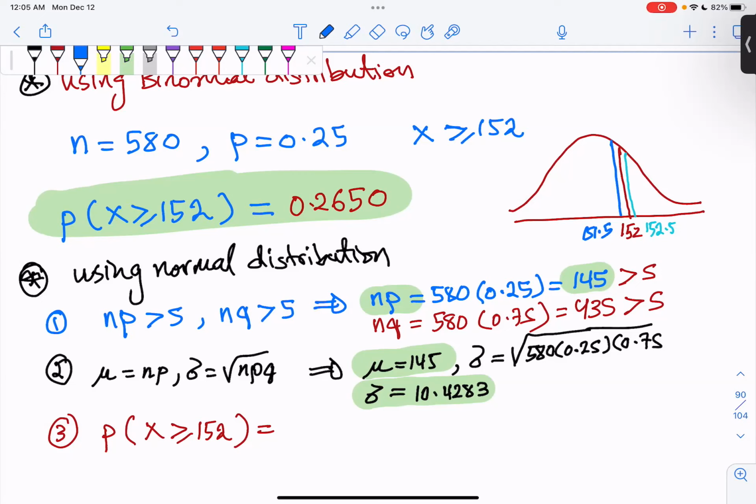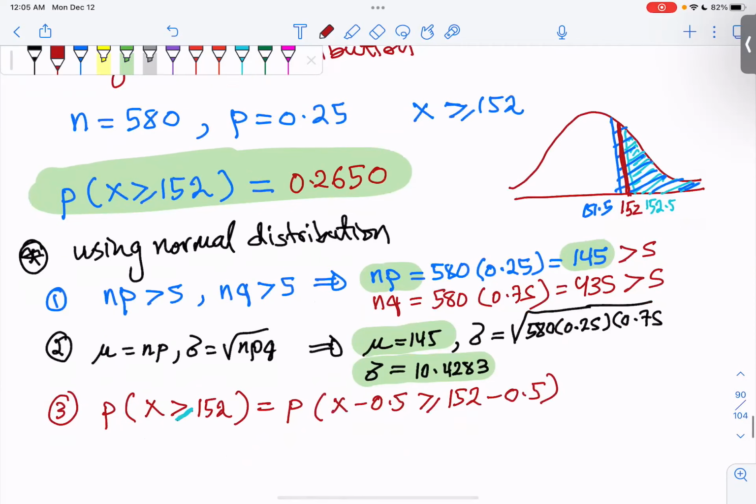We have to make sure that 152 is included. So it's greater than. If we take 152.5, the area will be this one, right? Now, since we have an equal sign here, 152 must be included, so if you look carefully, we have to use this. So we take x minus 0.5 greater than or equal to 152 minus 0.5.